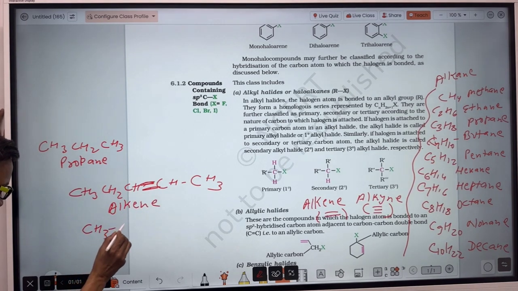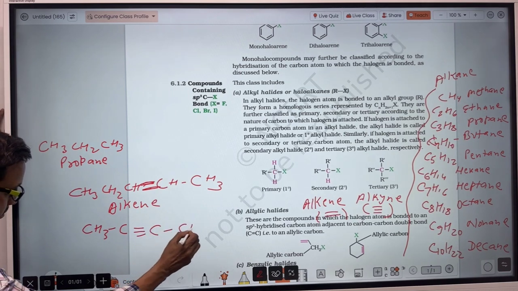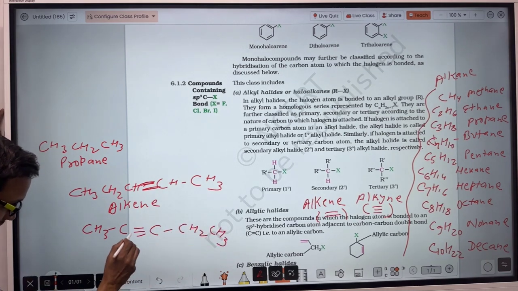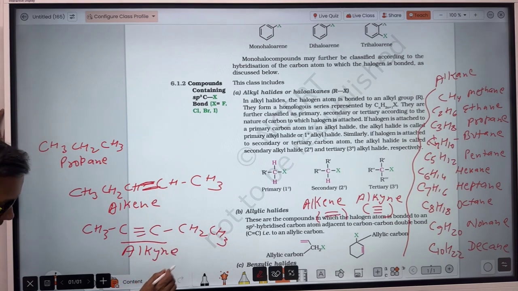In the same way, there might be a triple bond like this, so that compound will be called alkyne. That was alkane, alkene and alkyne.